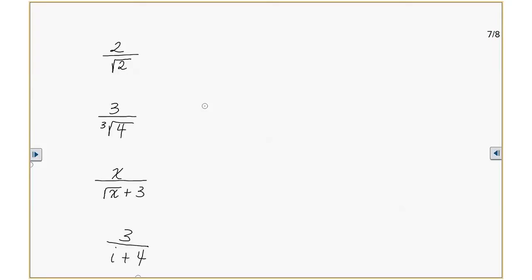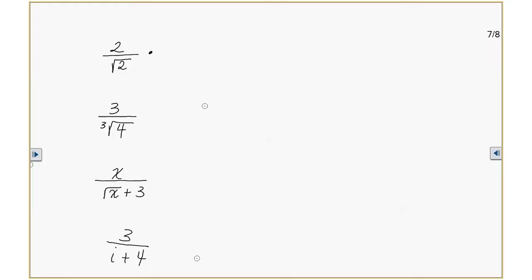Now, in limits, sometimes we don't want a radical in the denominator because you can't get the limit to come out exactly right. So what we do is we throw the radical in the numerator, or vice versa. With the first one, you've got to find the perfect square that goes with the square root of 2. Well, you can take the square root of 4, can you not? The square root of 4 is 2.